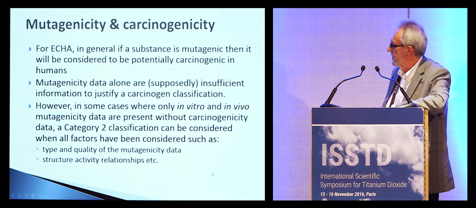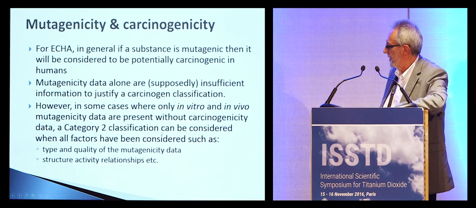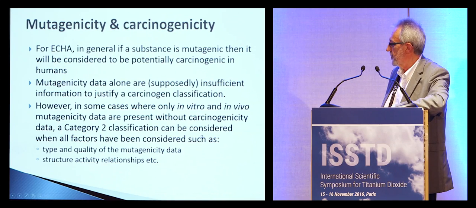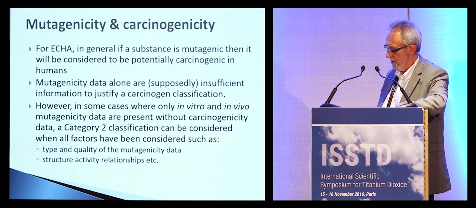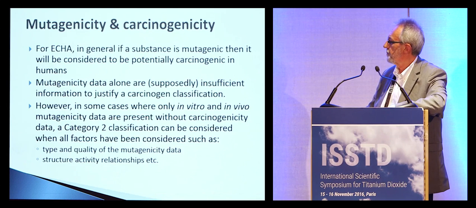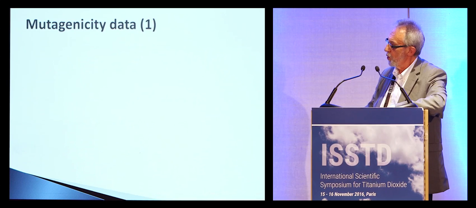However, in some cases where only in vitro and in vivo mutagenicity are present without clear carcinogenicity data, a category 2 classification can be considered when factors such as type and quality of the mutagenicity data, structure-activity relationships, etc., are taken into account. That's pretty broad and pretty open to interpretation.